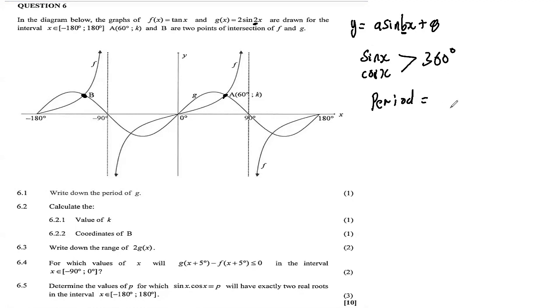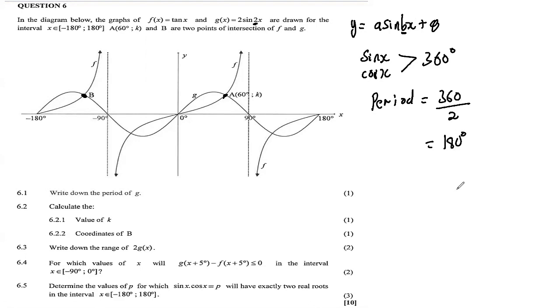So this is what you essentially do to find your new period: the period is equal to 360 divided by the number that you have in this position. Suppose the number in there, as we are given here, is 2. That means the period is 360 divided by 2, which gives us 180 degrees.